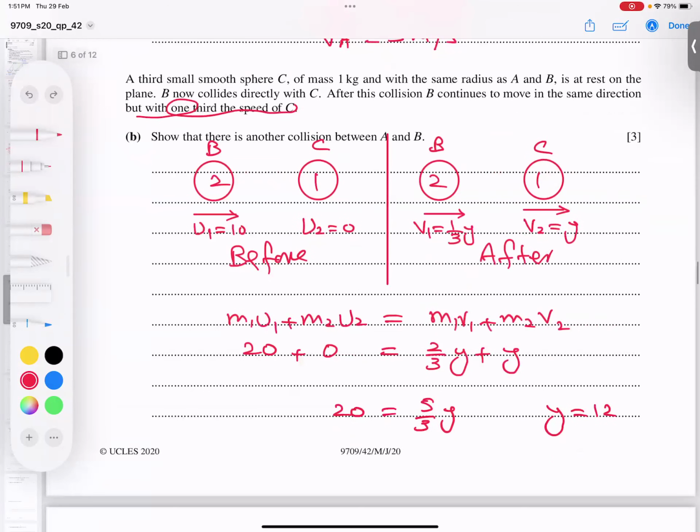So the velocity of C is very clear: 12 meters per second. Taking 1/3 of that, the velocity of B is 4 meters per second.